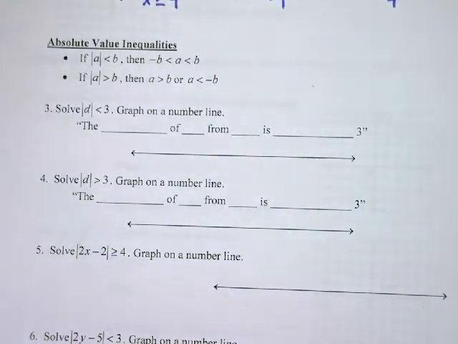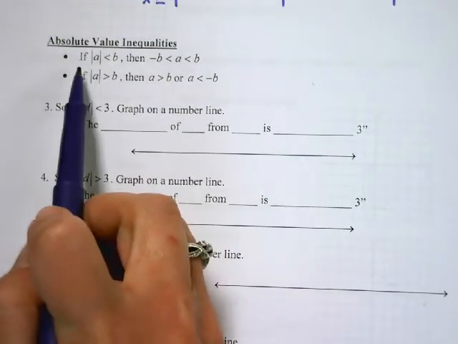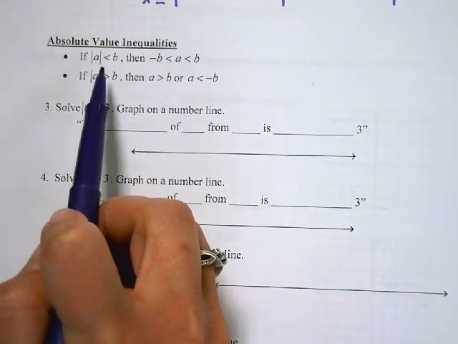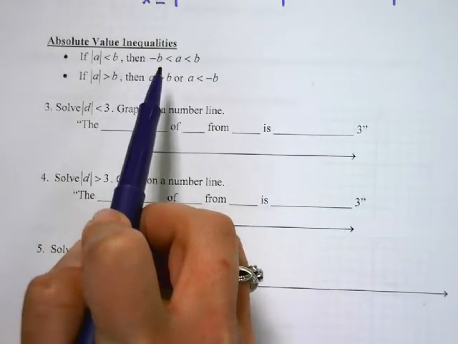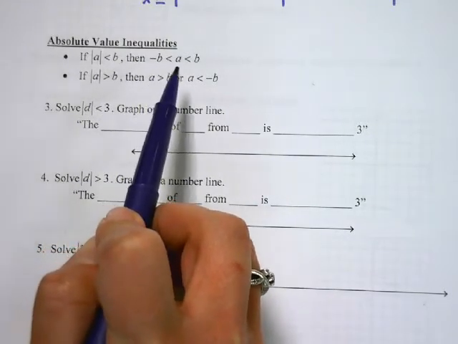So I can go in the positive direction or I can go in the negative direction. So with absolute value inequalities, we end up with compound inequalities.